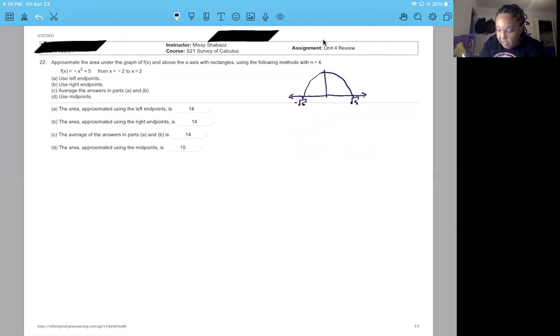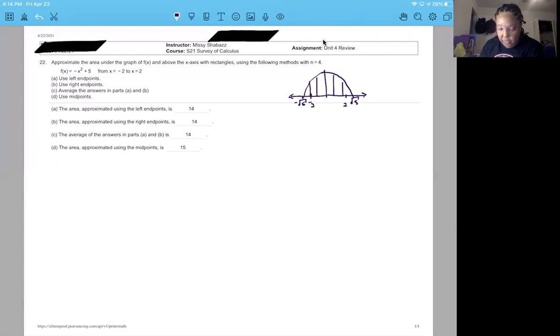And they want it from -2 to 2. And we want 4 different subintervals. All right.